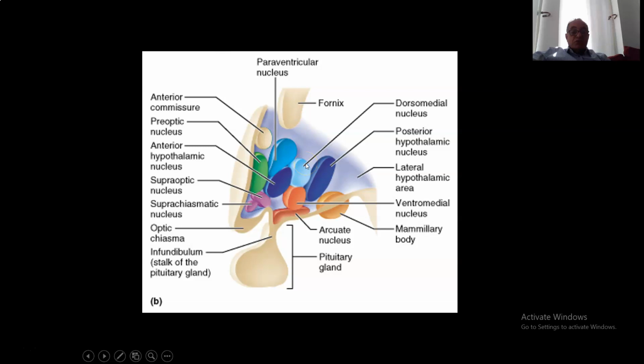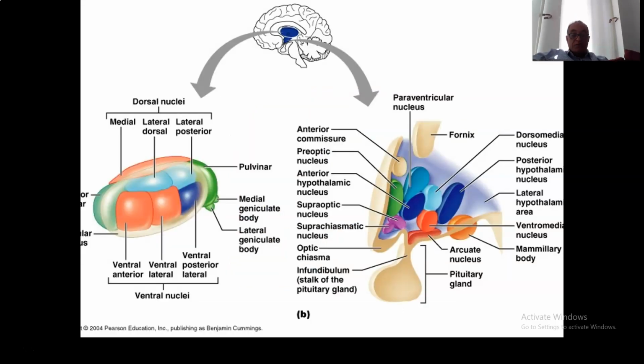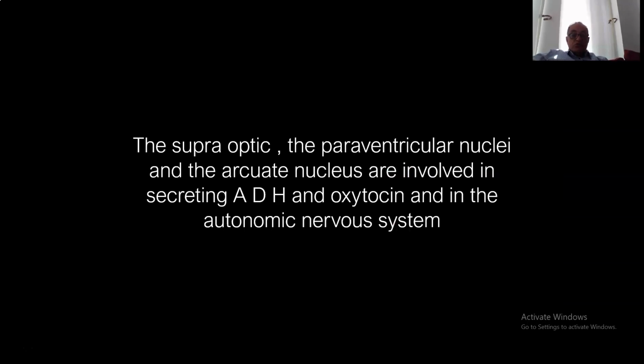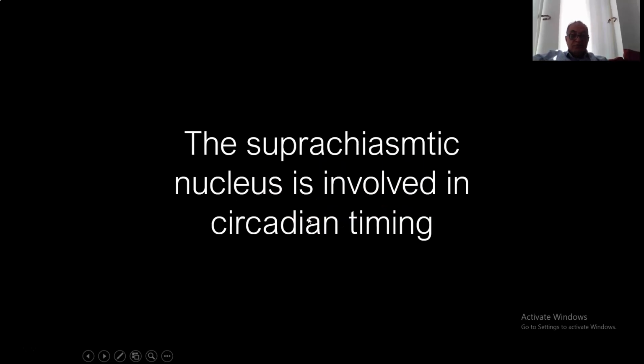Emotional behavior, dorsomedial nucleus, the ventromedial nucleus in the appetite, and the mammillary nuclei are involved in emotions and memory. So, as we said, again, the supraoptic, paraventricular, arcuate nuclei, antidiuretic hormone, oxytocin.